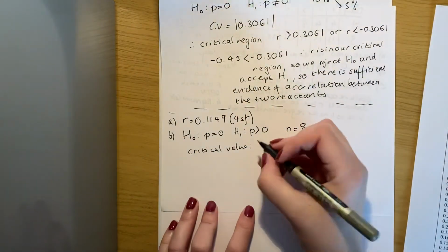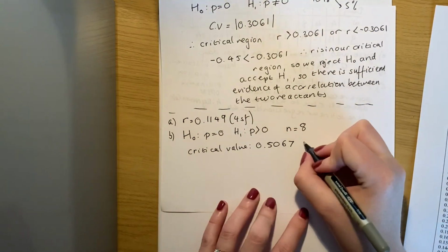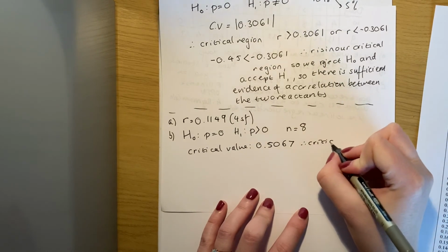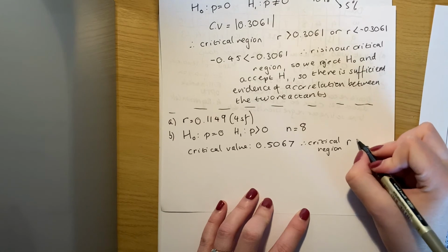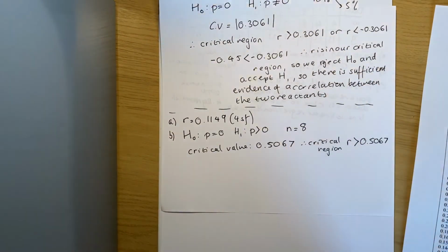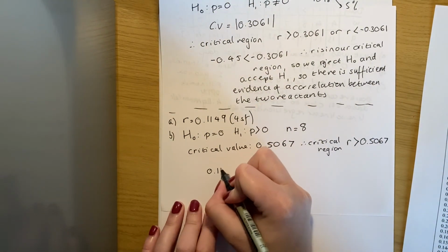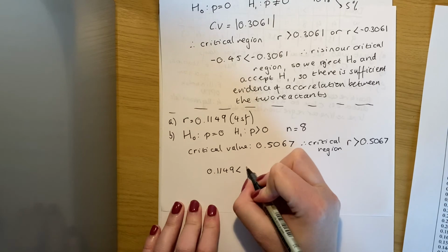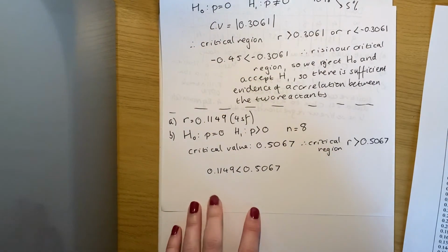So the critical value is 0.5067. So the critical region is that R has to be greater than 0.5067. Only greater this time because we're just testing positive. 0.1149 is less than 0.5067.